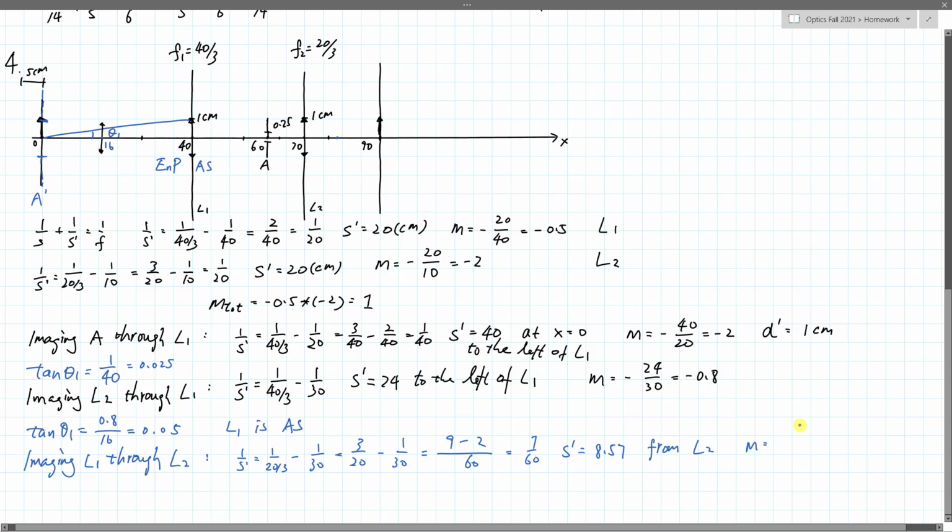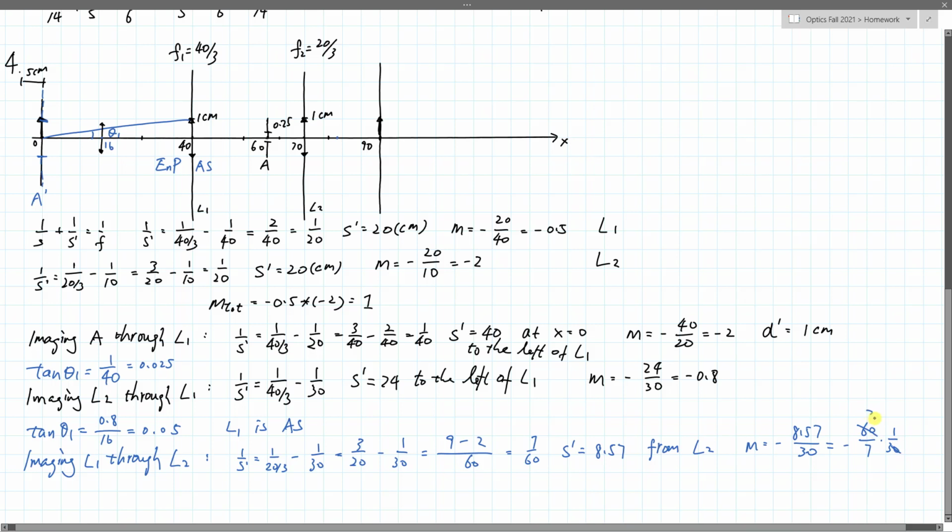M is negative 8.57 over the 30 centimeters. Let's see if that's right. Yeah, 30 centimeters. So that would be actually the negative 60 over 7. That's what this number is. And over 30 centimeters makes it easier.